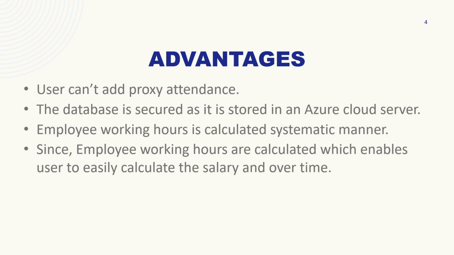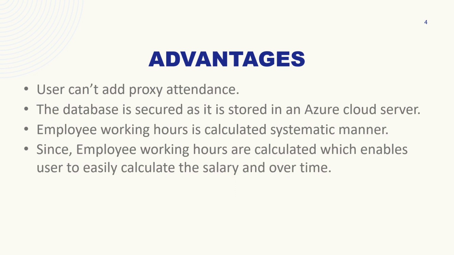Employee working hours are calculated in a systematic manner. So you can exactly calculate how many hours a student or an employee was working or studying respectively. Since employee working hours are calculated, it enables the user to easily calculate the salary and overtime.